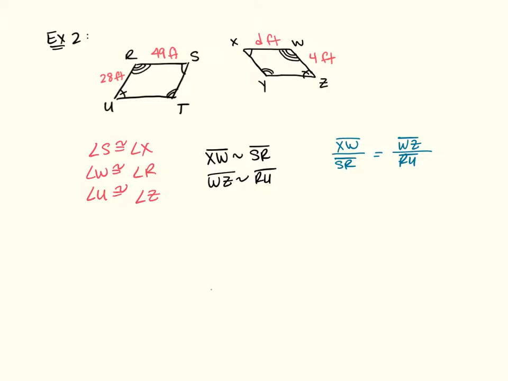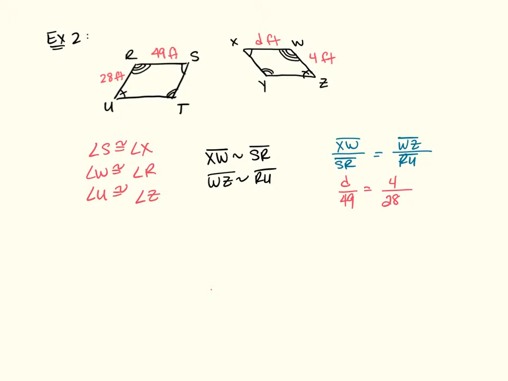Just kidding. Now go ahead and put in the corresponding parts. XW, that's D. SR, 49. And 4 and 28. Solve your proportion.